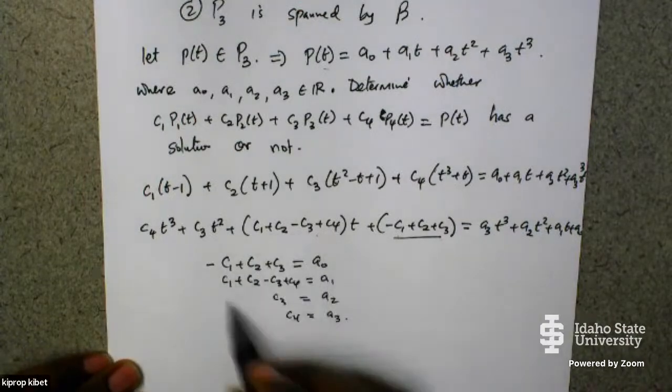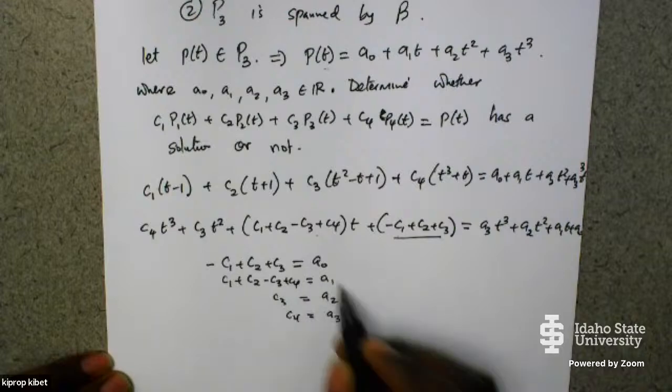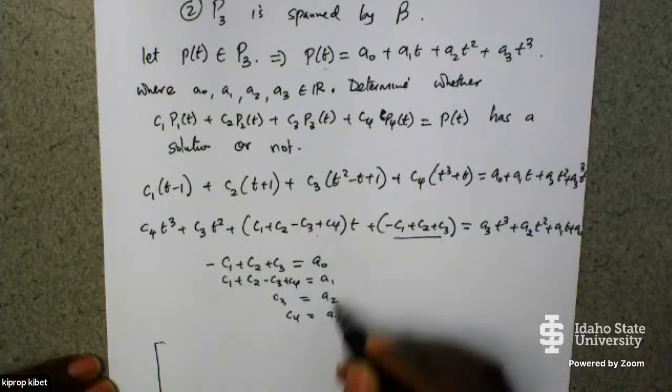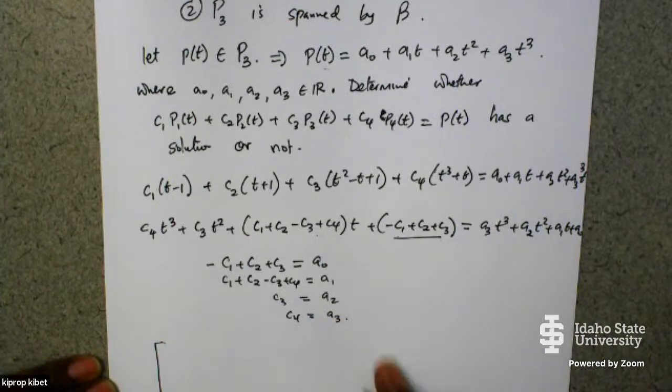So we now take the augmented matrix of this. We pick the coefficient matrix first, and then we add the constants.